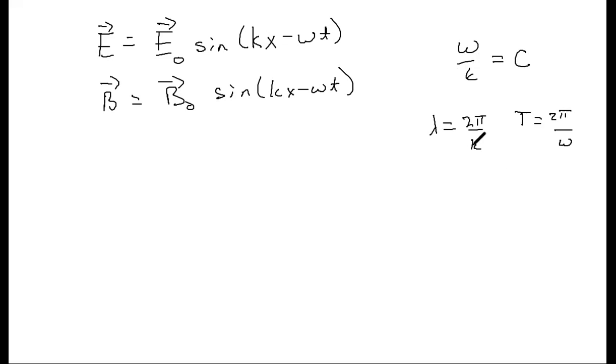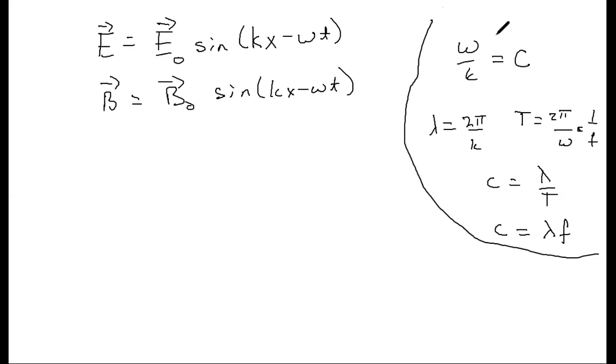And that would work as long as you said that c equals lambda over T, or c equals lambda times the frequency f, which is 1 over the period. All these are equivalent statements. Okay, and we will freely go back and forth between different forms.